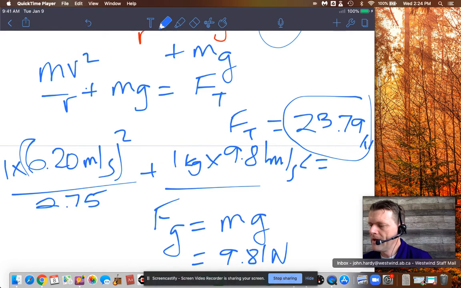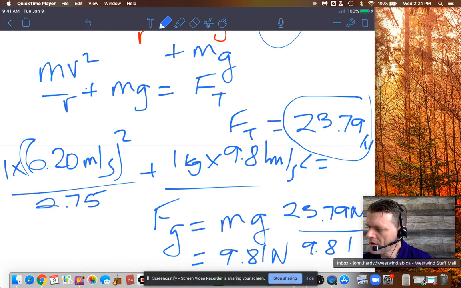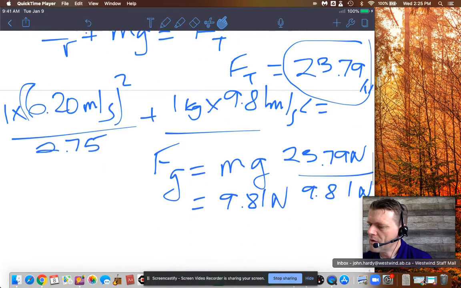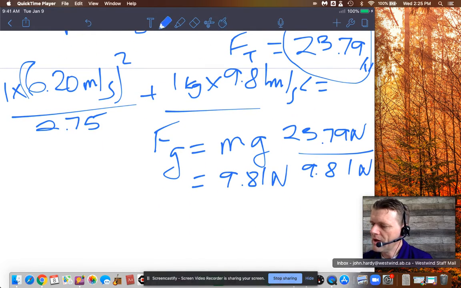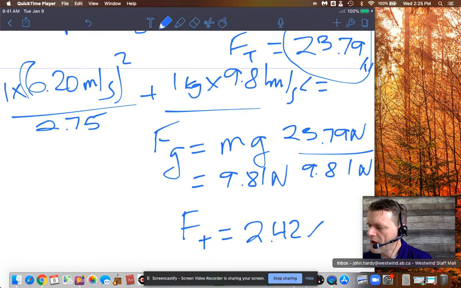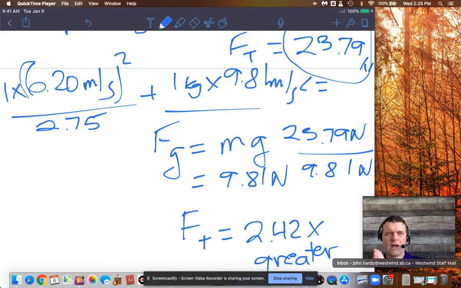So then tension is how many times greater? We would just divide 23.79 newtons divided by 9.81, and the newtons will cancel. Then the tension will be 2.42 times greater than the force of gravity acting down on it.